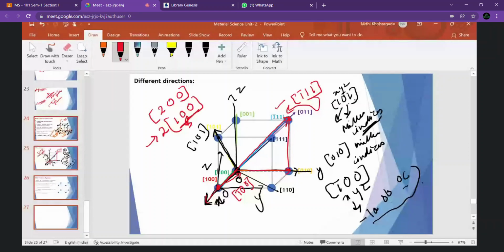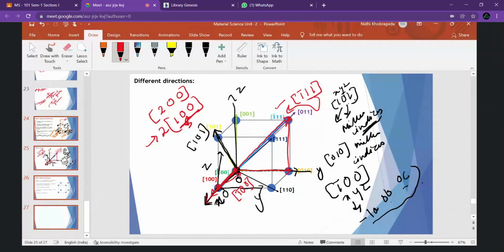So this value we have to mark in this particular crystal structure. Okay, so suppose we are considering our origin, this is our origin, right? So we will mark our 200 direction in this particular crystal structure. Okay, so this is our origin, this side is our x-axis, right? This is our y and this is our z. So 100 means this to this side, right?